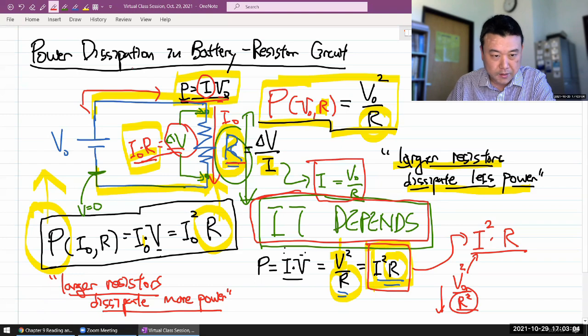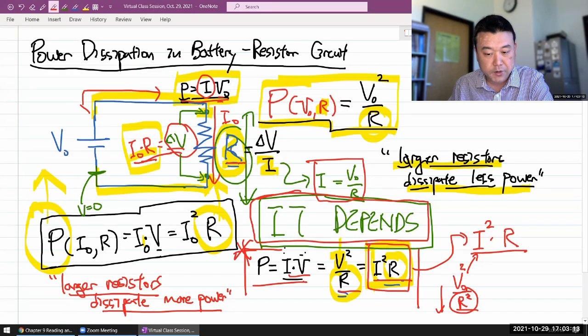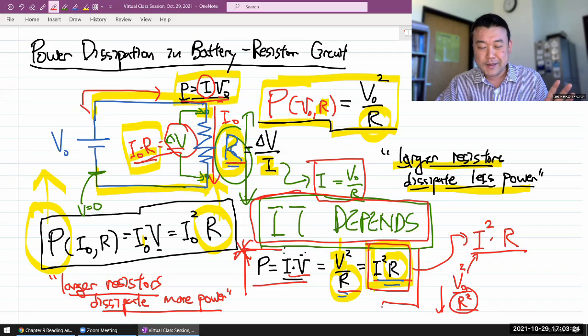Otherwise, I would just keep this in mind. Remember that there are three different expressions for power, and which one is useful depends on the situation. And I think if you think through that, then it might help you avoid the trap that this trick question is trying to set you.